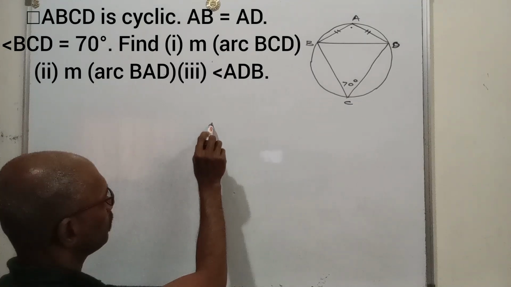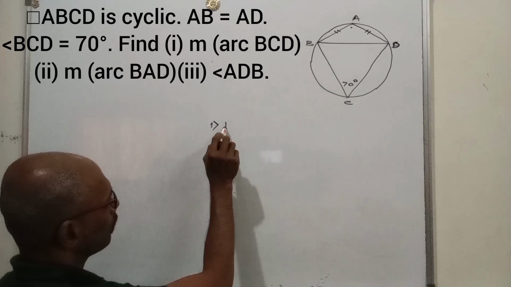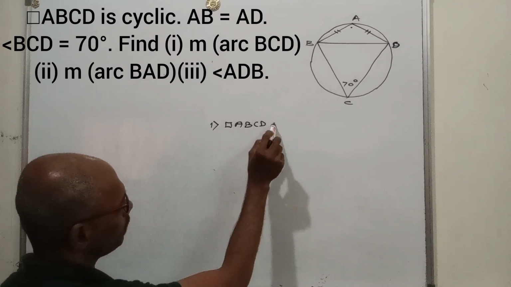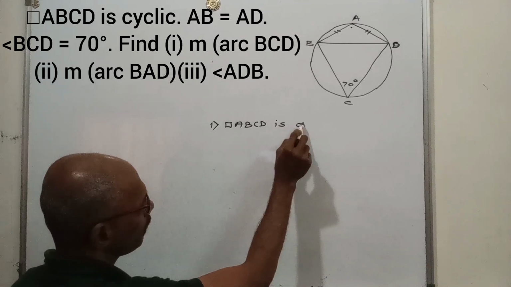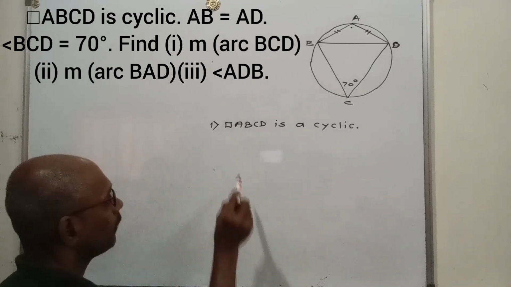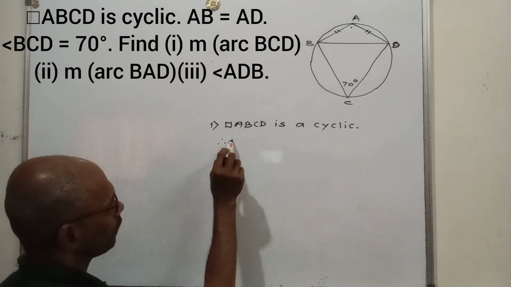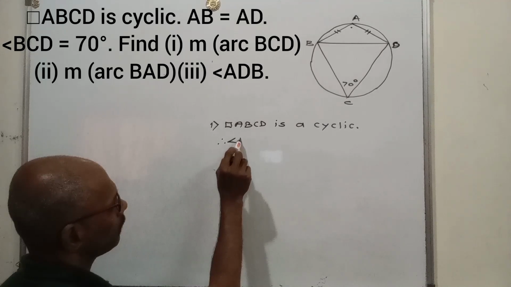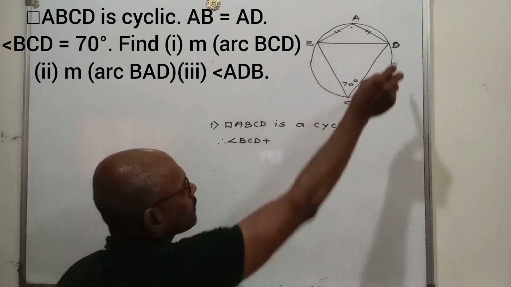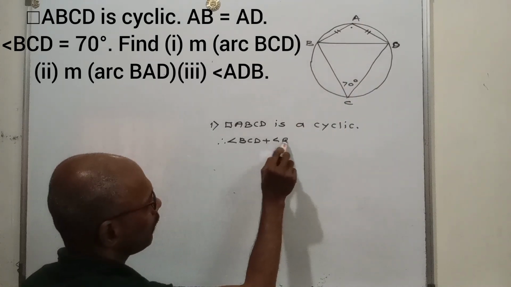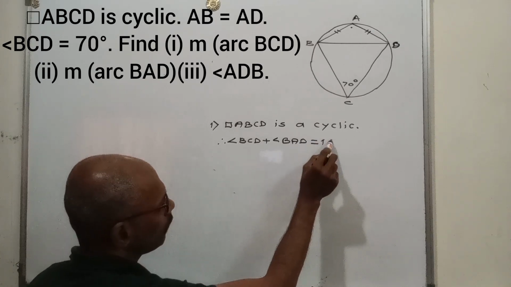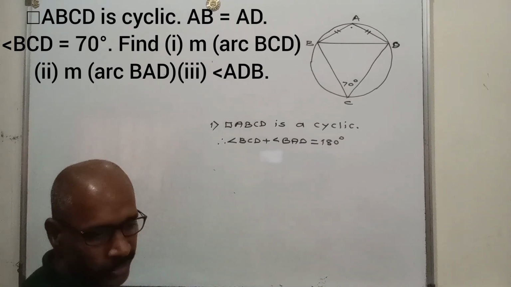Therefore, first we write here: quadrilateral ABCD is cyclic. Therefore, angle BCD plus angle BAD is equal to 180 degrees.